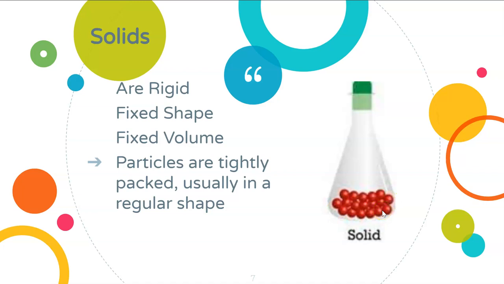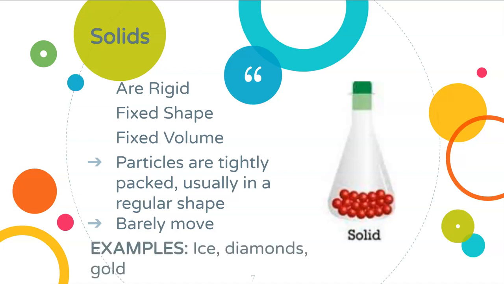The fact that they have this regular shape and are tightly packed means that it is more rigid and it will have the same volume for that object. With the molecules so tightly packed, they barely move. Examples: ice, diamonds, gold. All of these are examples of solids.